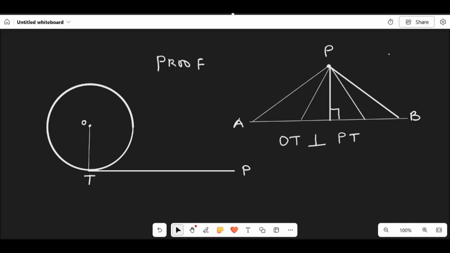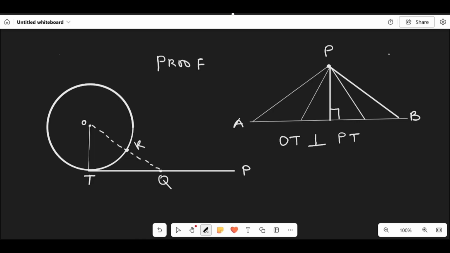Let us pick a point on the tangent and name the point Q. Let us say we pick this point on our tangent, we name it Q. Let us connect O and Q together. Now let us name the point at which the line touches the circle. Let us name it R.